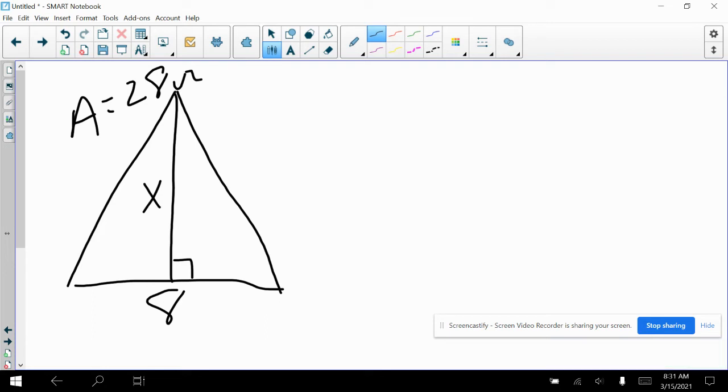Is our dreaded triangle. Area of the triangle is 28 units squared. You know the base is 8, and we would like to find out the height. What do we do?